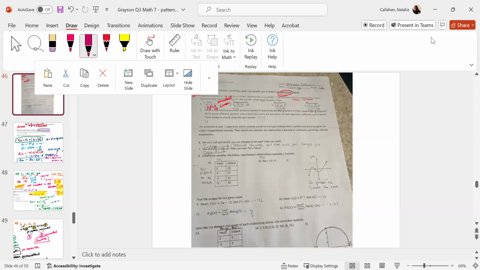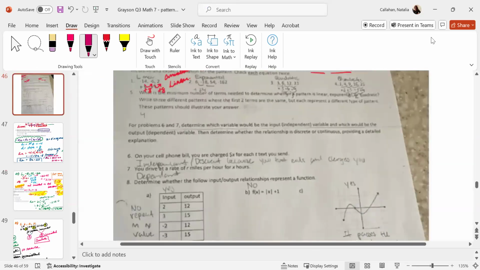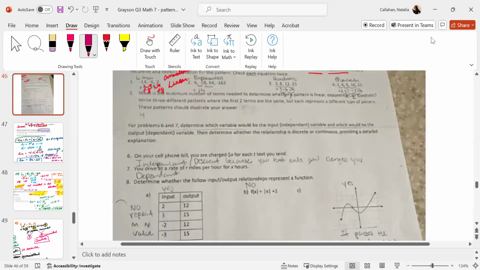All right, let's go on to number 5. What does number 5 say? Write the minimum number of terms needed to determine whether a pattern is linear, exponential, or quadratic. Write 3 different patterns where the first 2 terms are the same but represent a different type of pattern. These patterns should illustrate your answer. Okay, so we're gonna go over here.